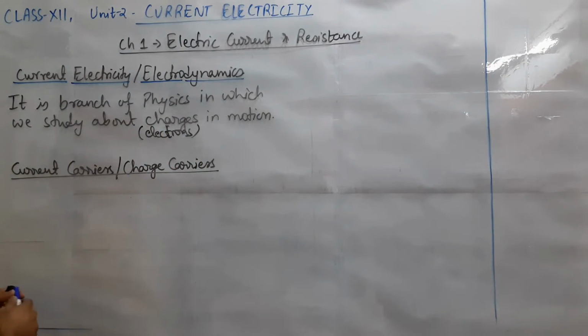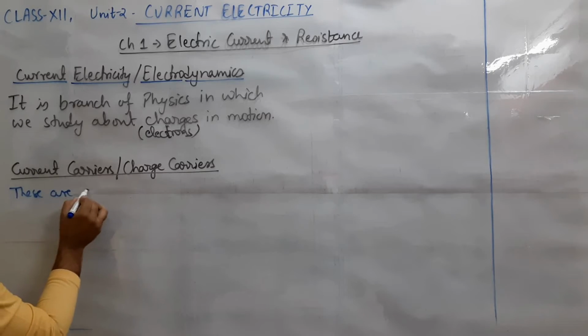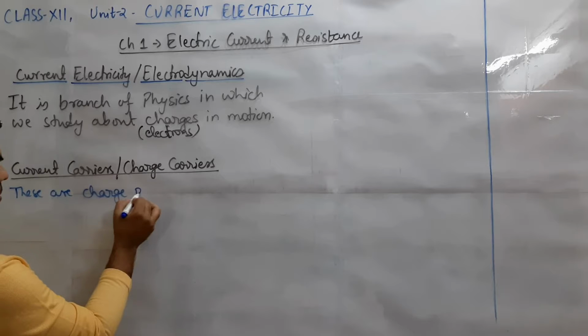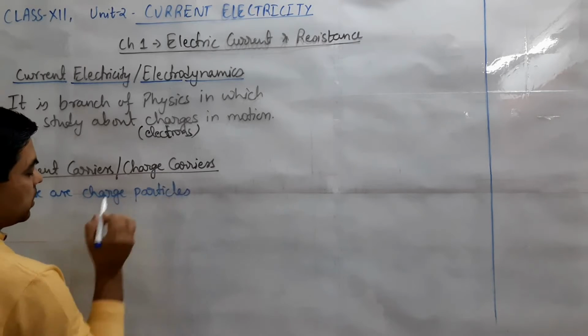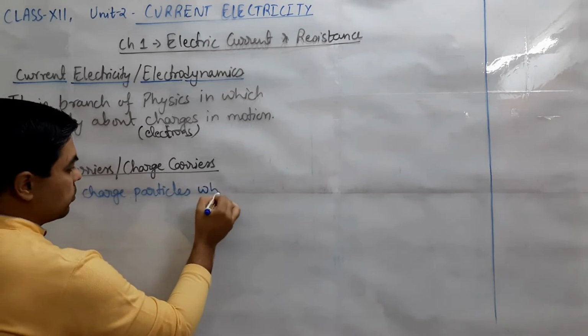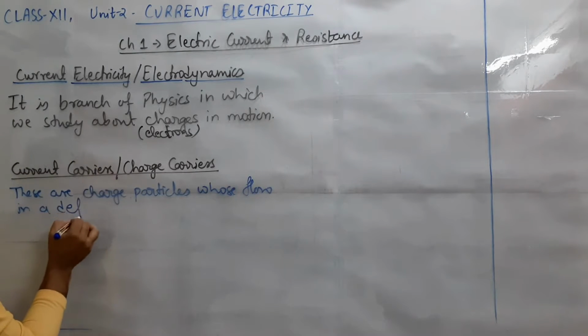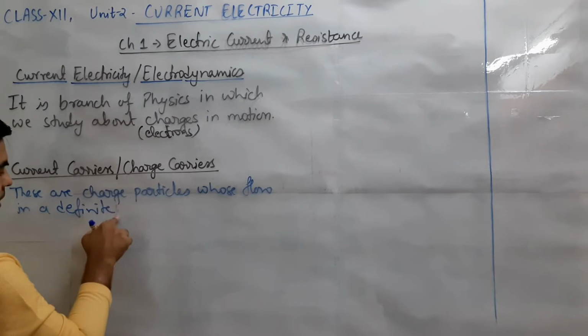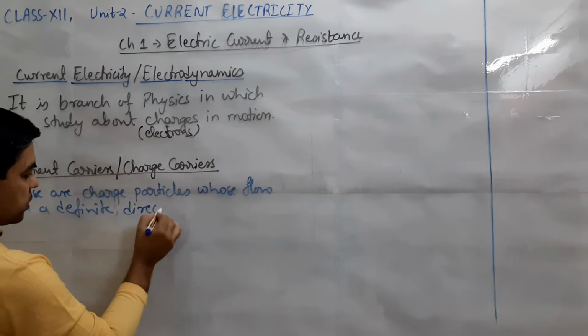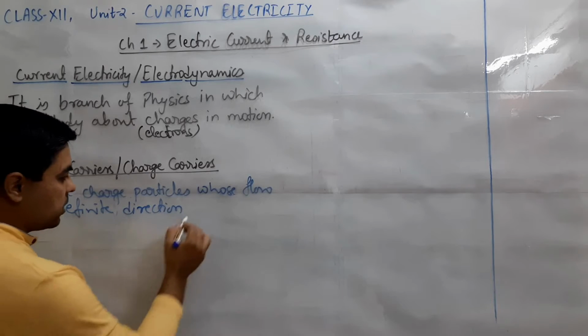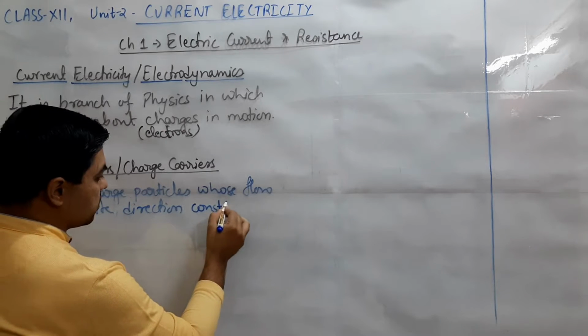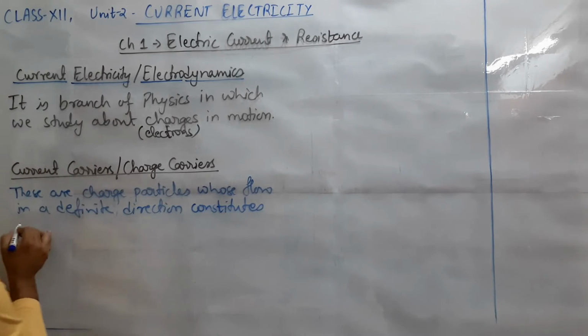That depends on what type of medium we are dealing with, but in general we define current carriers or charge carriers as those charge particles whose flow in a definite direction constitutes electric current. This is very important: the flow should be in a definite direction.